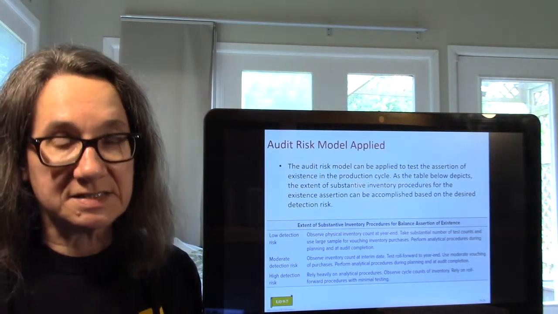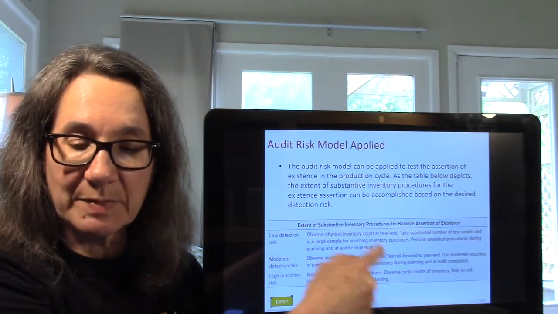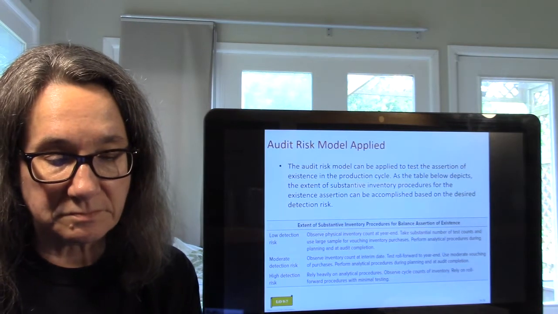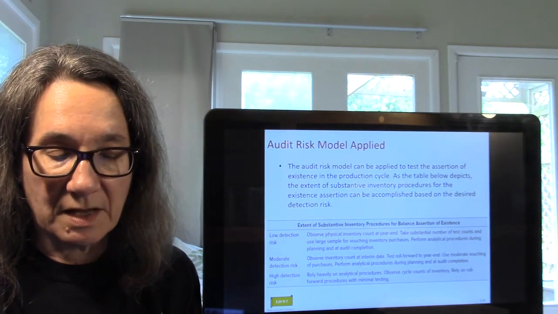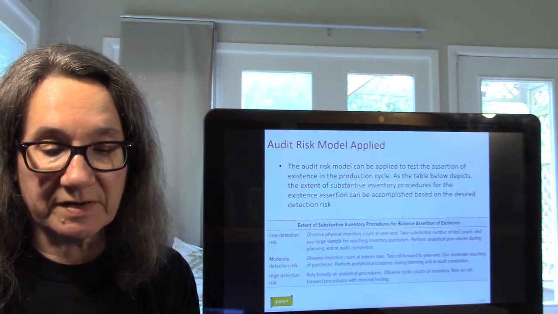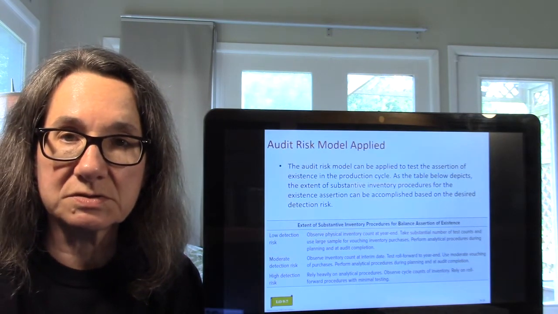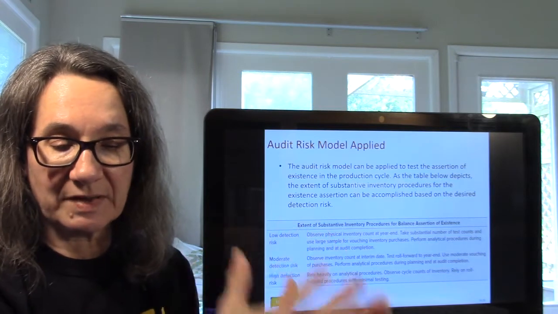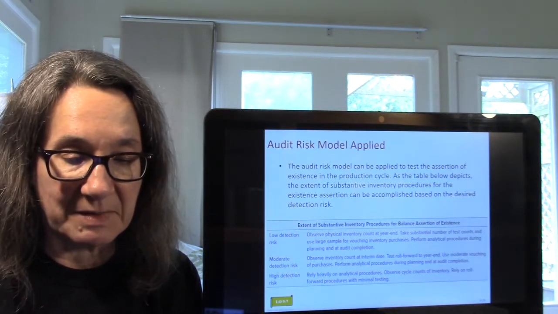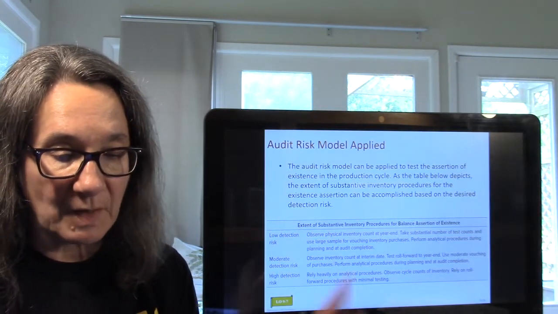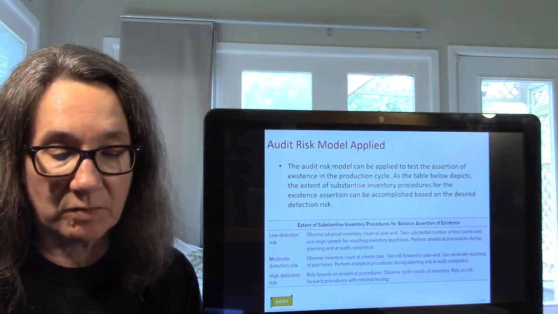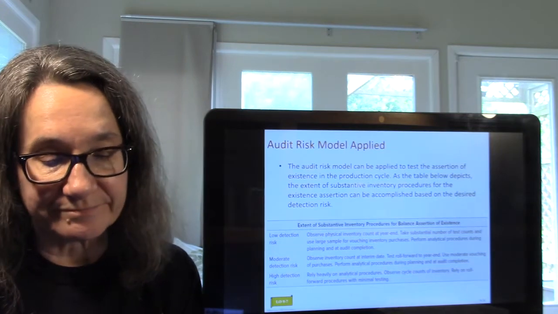Nature, extent, and timing. So the extent, take a bunch of test counts. Use a large sample. And of course, observing physical inventory is a better test than analytical procedures. But you can still do analytical procedures at planning and at completion to see that they match. Moderate, hey, do some inventory count at interim date, do test roll forward, some vouching.